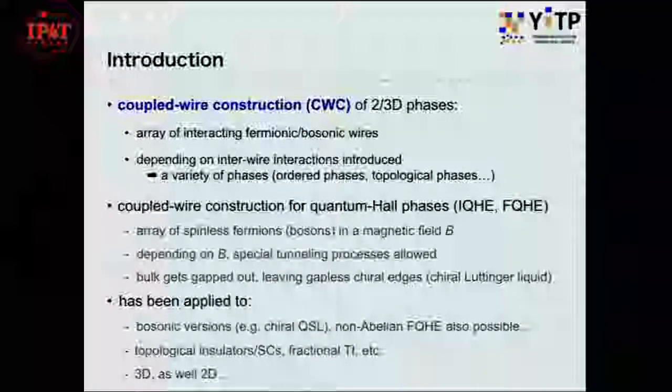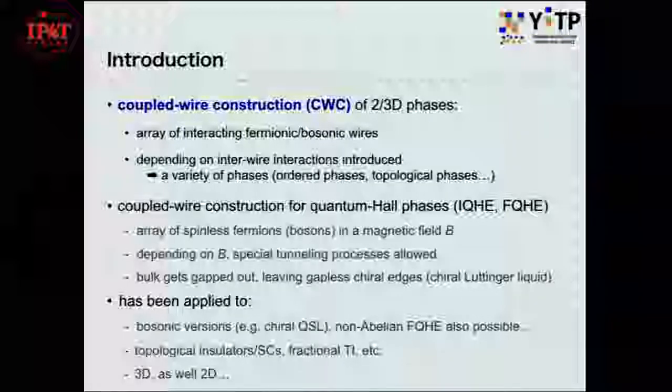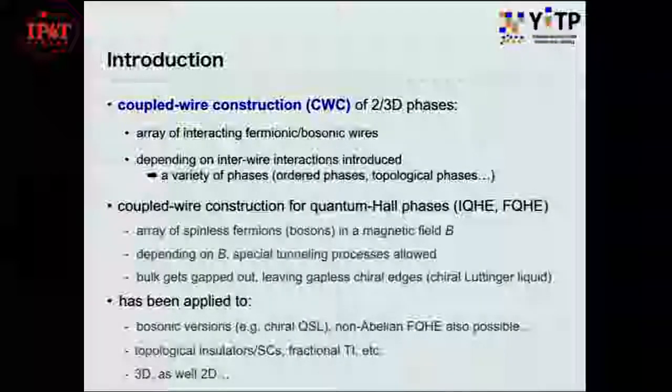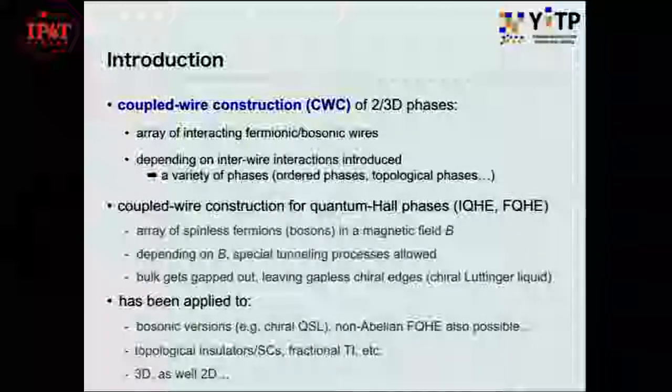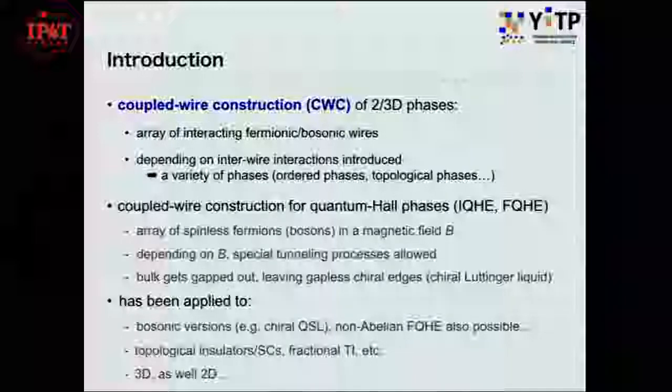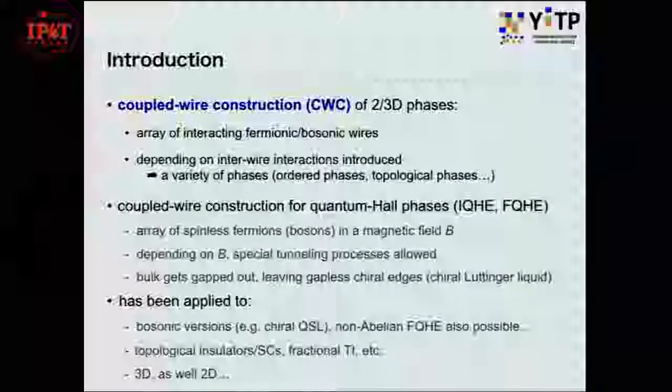I'm sure coupled wire construction is popular, but I'm sure it's not what everyone knows. So what is coupled wire construction? It is an interesting way of generating or constructing two-dimensional or three-dimensional topological phases starting from one-dimensional quantum wires.